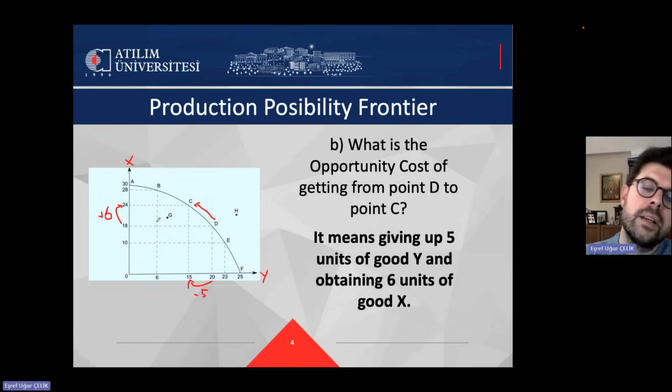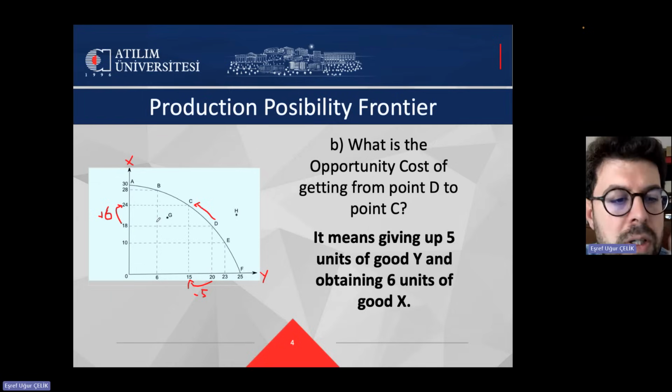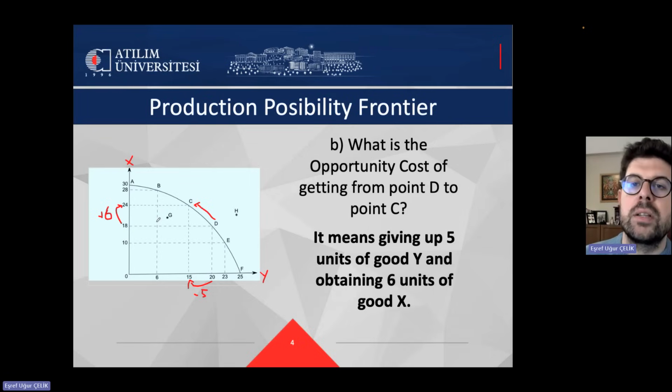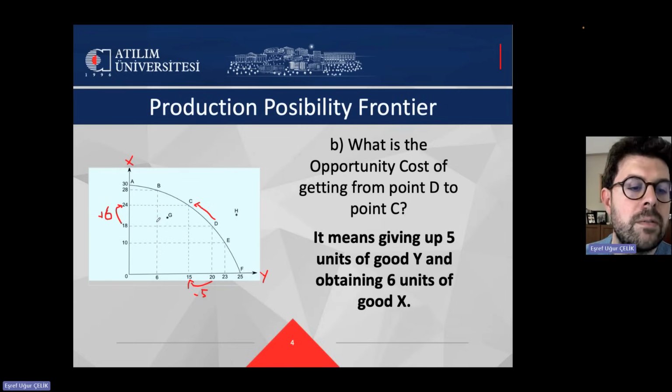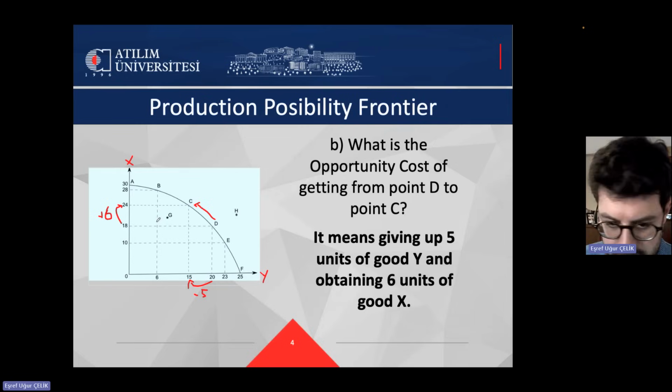Please always check which goods or services can be denoted in X or Y, because maybe the questions say it's different in the forms of vertical lines and horizontal lines.